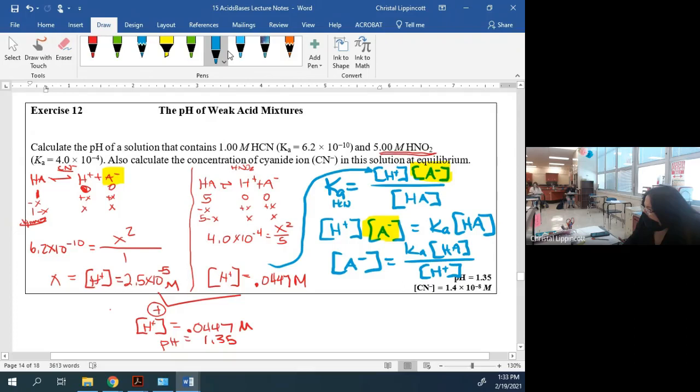So I'm solving for A minus here, this cyanide concentration. I have all of the values for this. My Ka was given up here, so I just plug that number in, 6.2 times 10 to the minus 10. My HA then was 1.